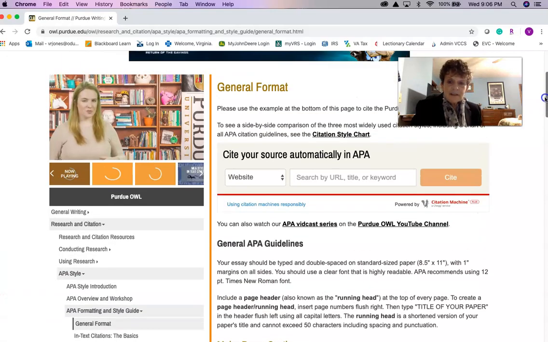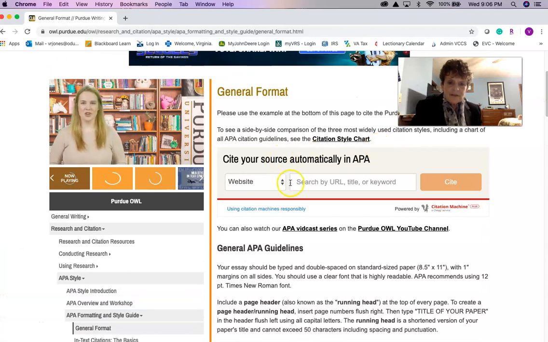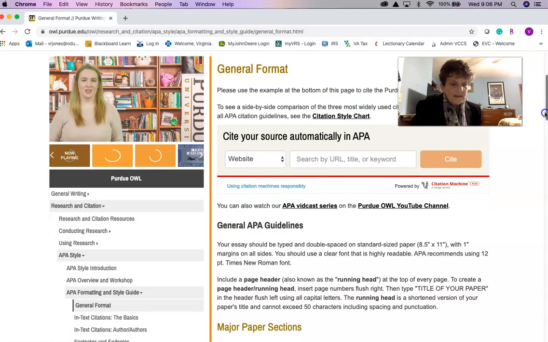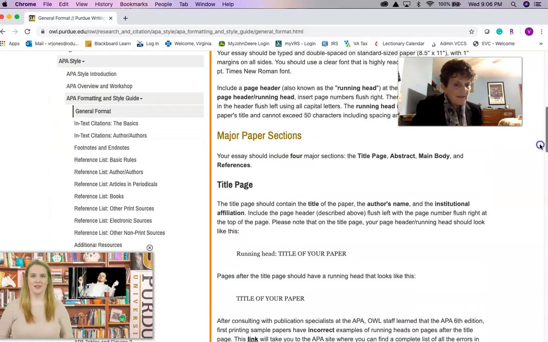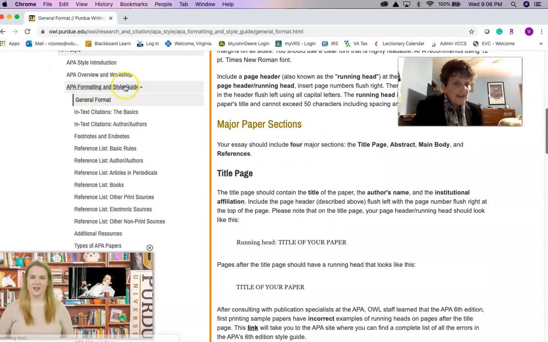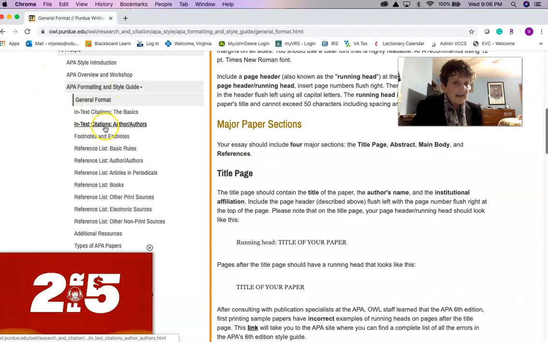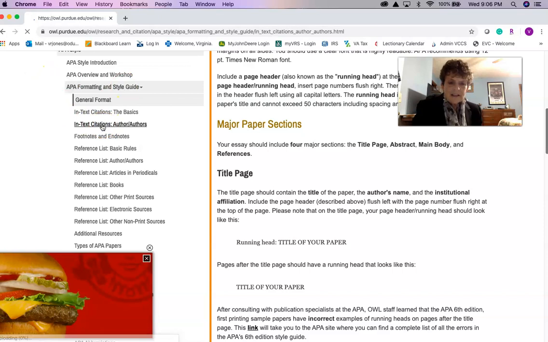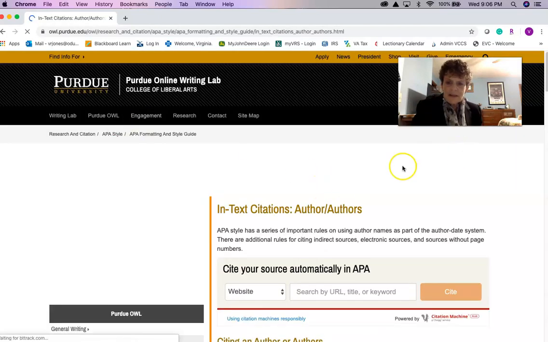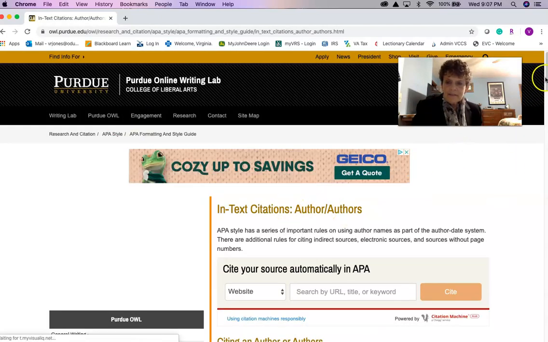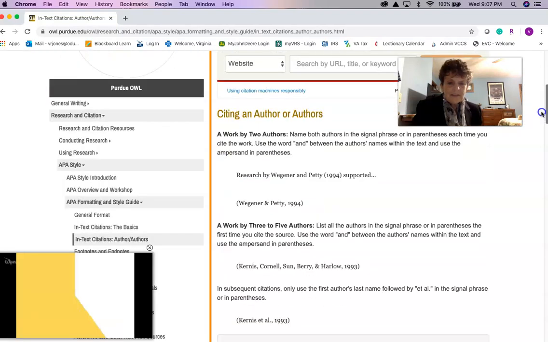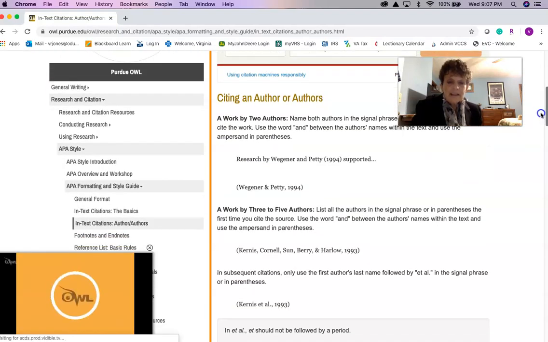And you can come over here and search what you're looking for, or you can look over here in the different sections. So if I wanted to do something that was an in-text citation and I needed to know how to do it, I could click on this and just go straight to that part and be able to look it up. So this is really nice to have.